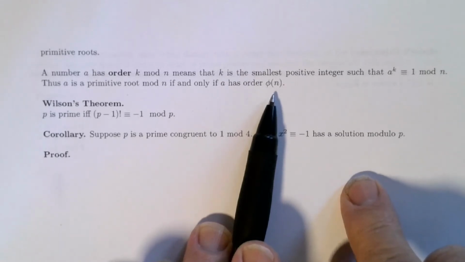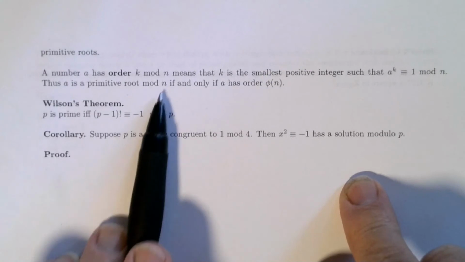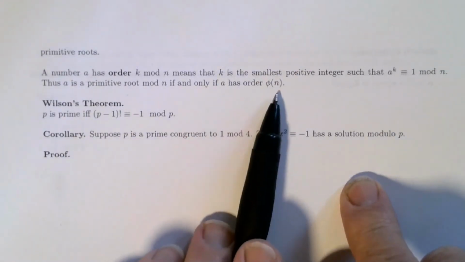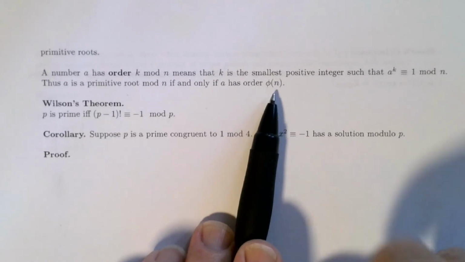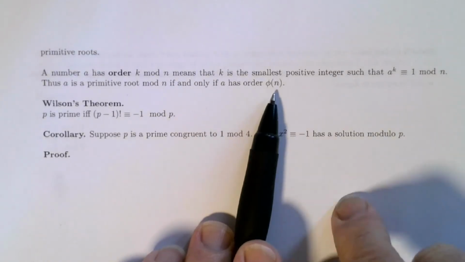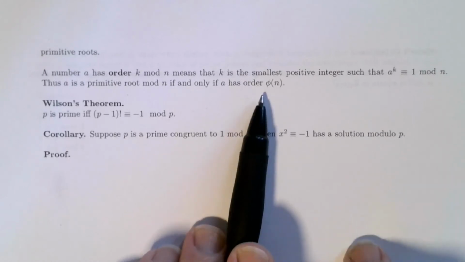In the case of a prime, a is a primitive root mod p if and only if it's got order p minus 1. So I'm just summarising basic results here from classical number theory that again you can find in most books on the subject.